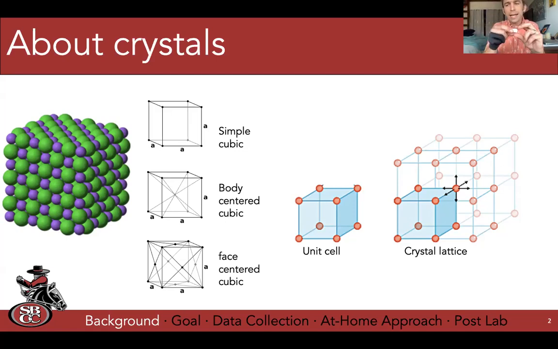So that means that every time I build my crystal lattice, I'm going to be dealing with the exact same shape unit cells, and we're going to then build those out. And so this is basically just how you keep track of all of the different ions and making sure that the charges are balanced, right? So there is going to be a regular repeating order to a crystal.